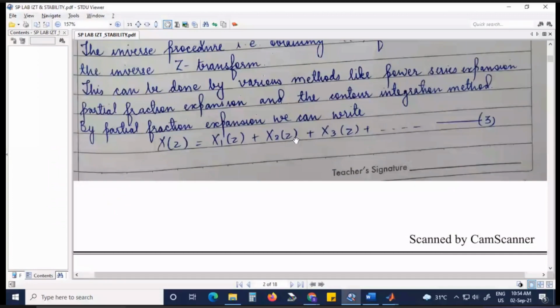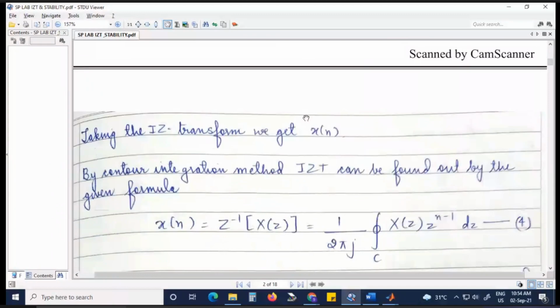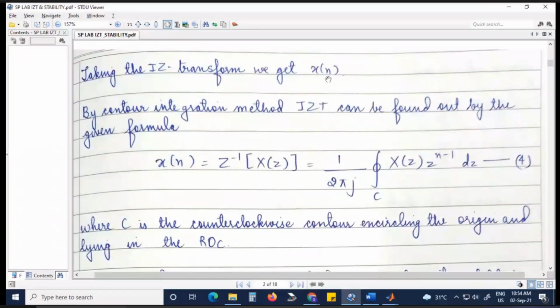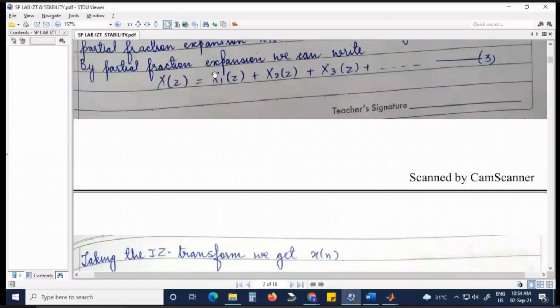We have to separate them out in terms of partial fractions. Now, taking the inverse Z transform of all these individual terms, we get x(n) from each of the terms.